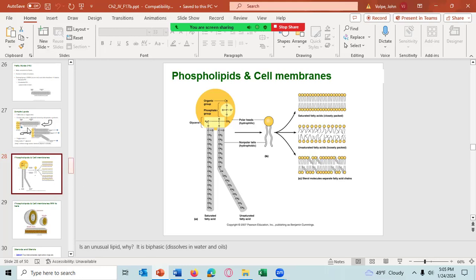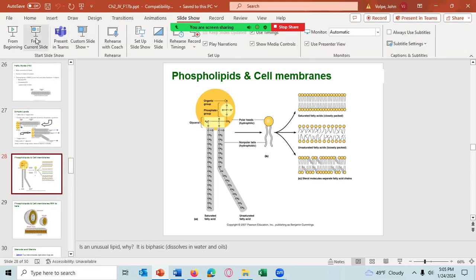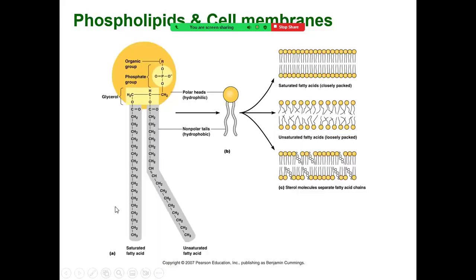A phospholipid is shown here. Let me blow this up. It's composed of 2 fatty acids connected to a glycerol. And on the 3rd position of glycerol, we have a phosphate group. This phosphate group is polar, so is the glycerol slightly.